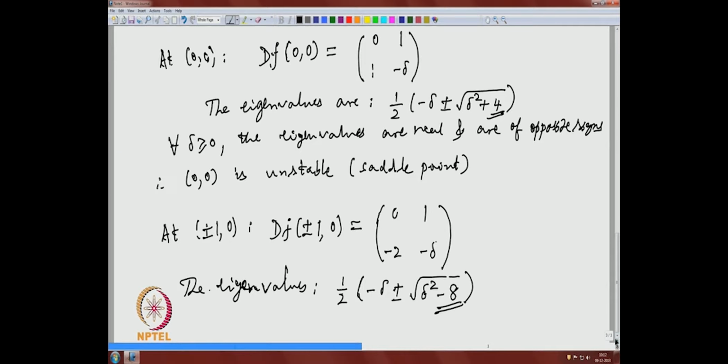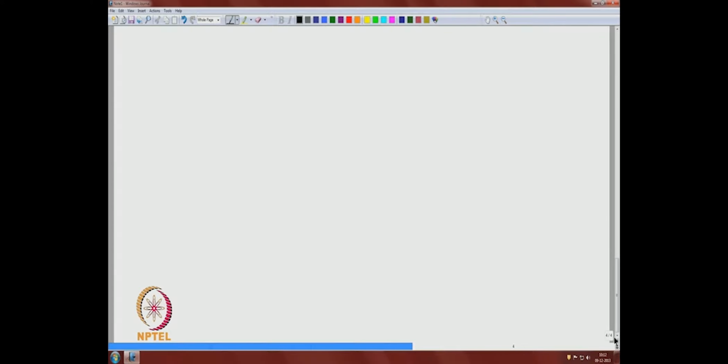So, for all delta positive, the eigenvalues have negative real part.